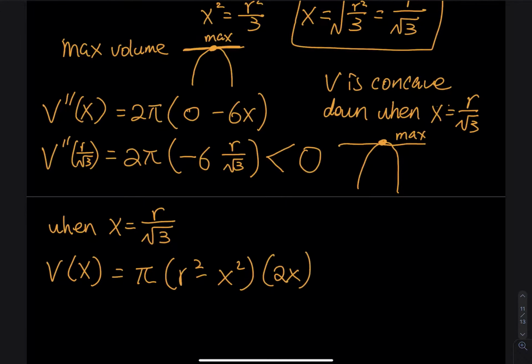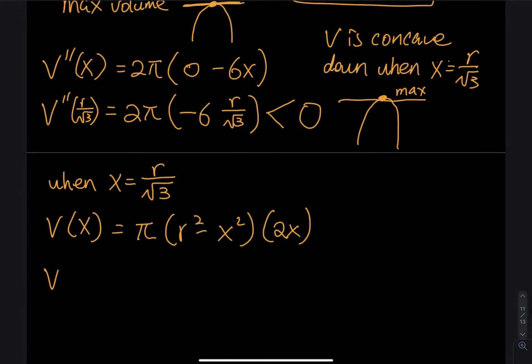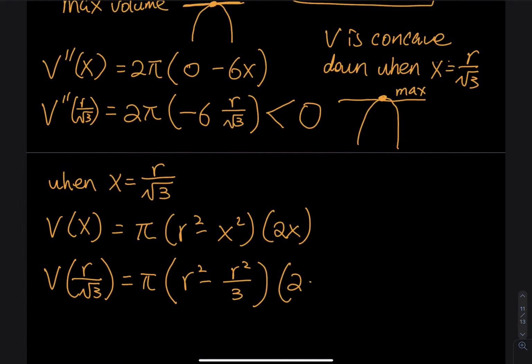R is just a constant, so when x is equal to r divided by root 3, you have pi times the r squared minus the square of that. So when you square that, the r becomes r squared. The square of the square root is just a 3, and then you have a 2 times r divided by root 3. And then we simplify this as much as we can.